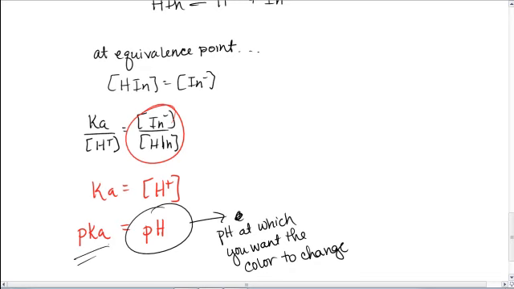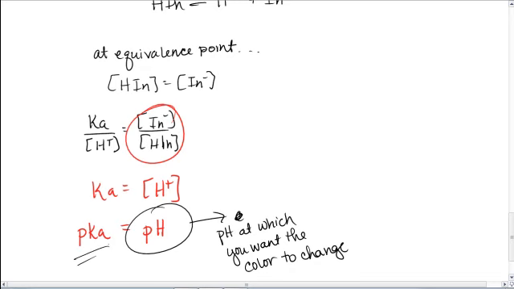So let's take a look at some indicators. This is a chart that lists, I don't know, 50 different indicators. And it also lists their pKa, or their pH at which they change color. They run anywhere from up here at the top, this is methyl violet, which has a pKa of about 0.8, which means it will change color at a pH of 0.8, from yellow to blue.